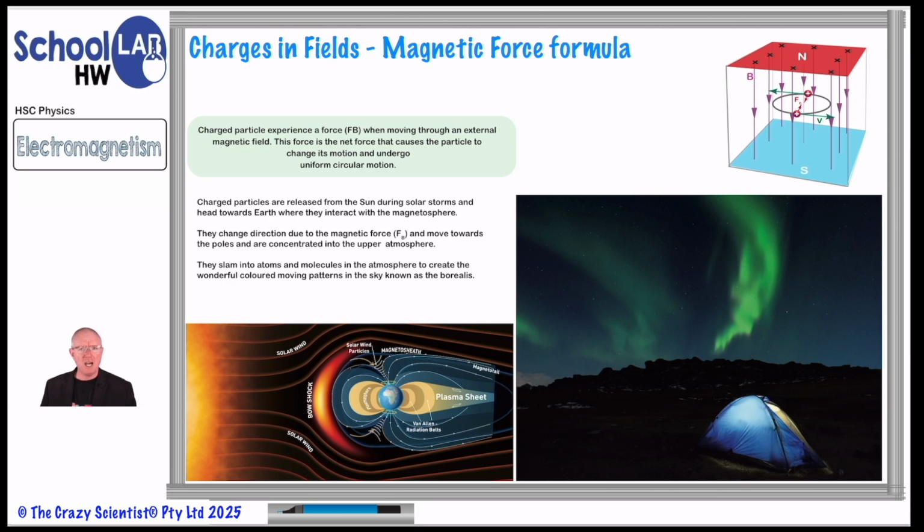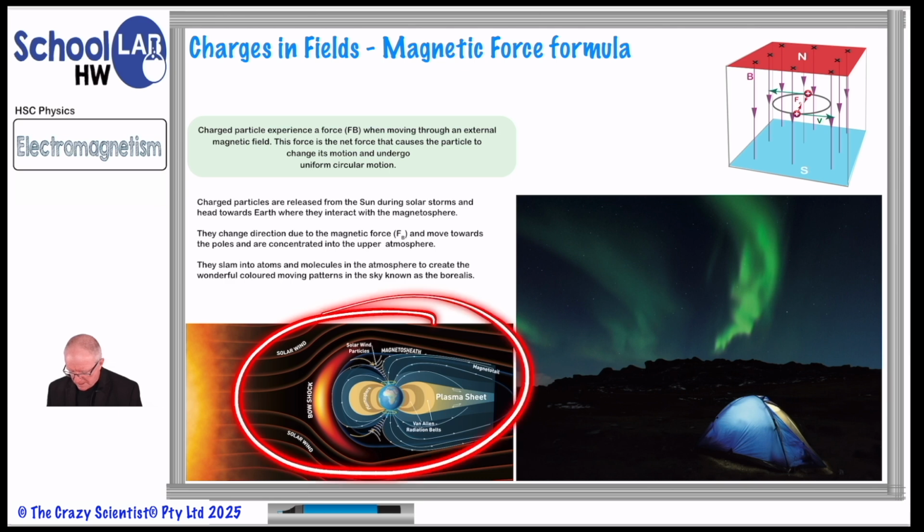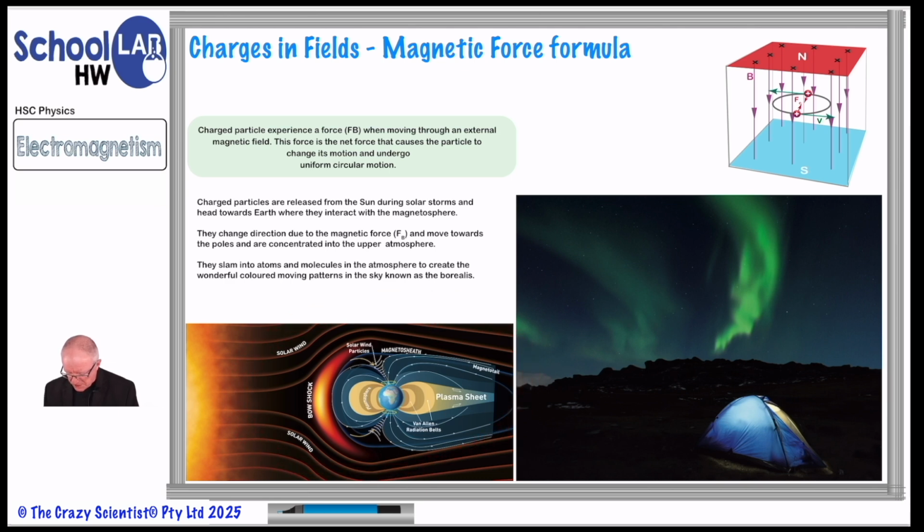Charged particles from the sun interact with the magnetosphere of the Earth, and then they interact with oxygen atoms and other gaseous atoms to create this phenomenon, which is absolutely beautiful. And we can see in the picture that when you have these charged particles from the solar wind, they get funneled down to the poles, and then we have the Aurora Borealis, and the Aurora Australis down in the south as well. So that's all this interaction of charged particles.